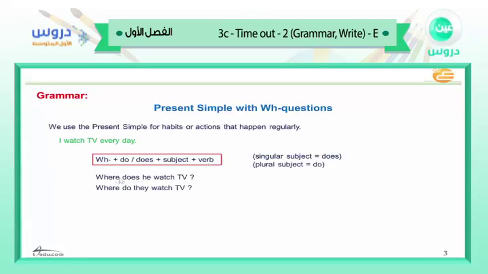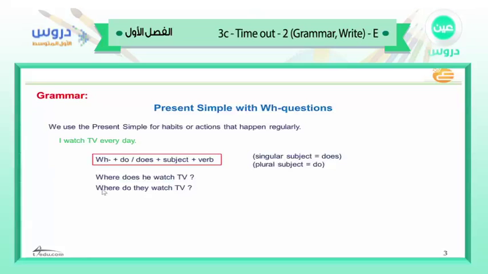For example, where, WH, does. We don't use do, we use does because he is singular, one. Watch TV. Where does he watch TV?